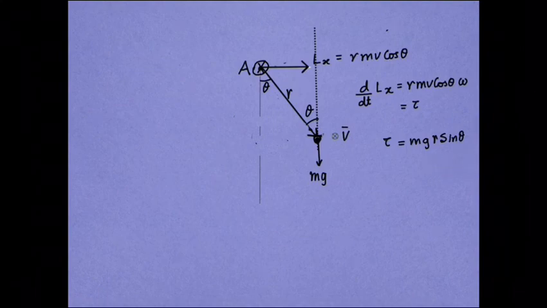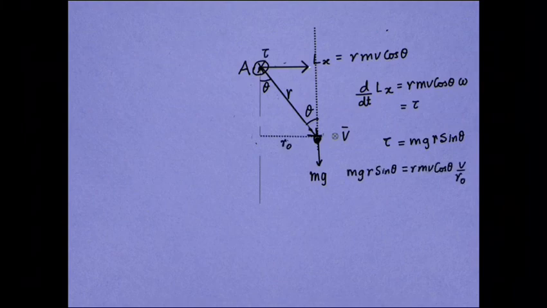So if everything is on the right path, we must have these two to be equal. So if we equate these two, writing omega as v over r0, the angular velocity is v over r0, because r0 is the radius of the circle along which the particle is moving, and on solving we get mg tan theta is mv squared by r0.